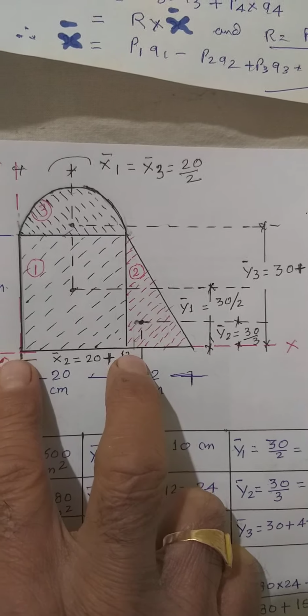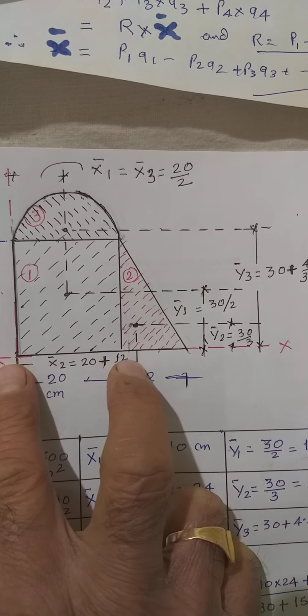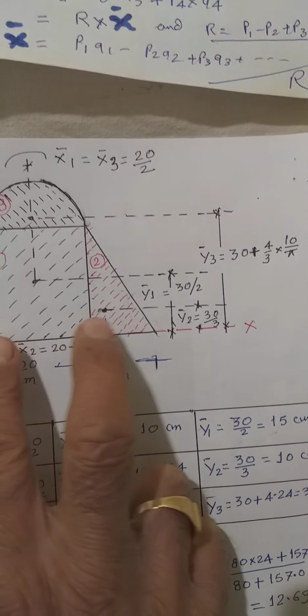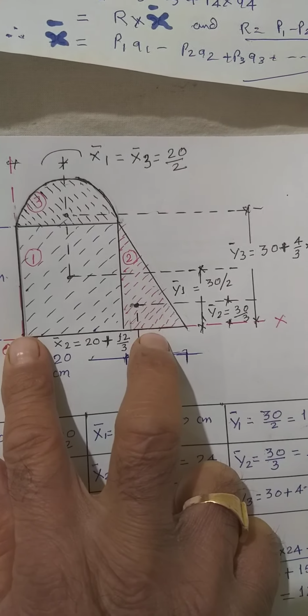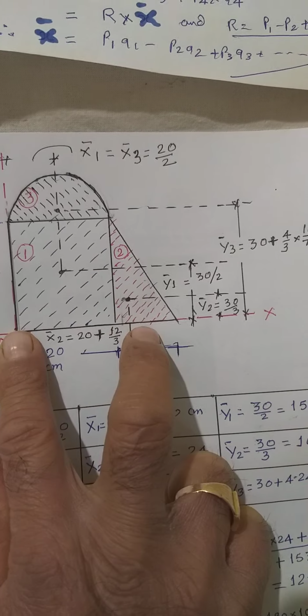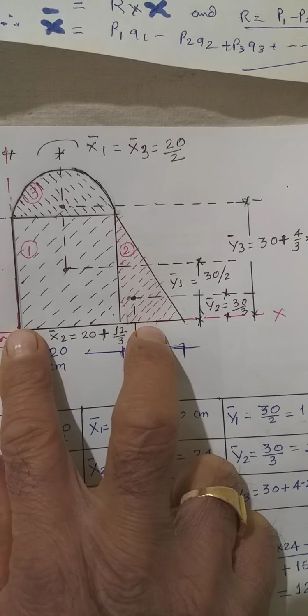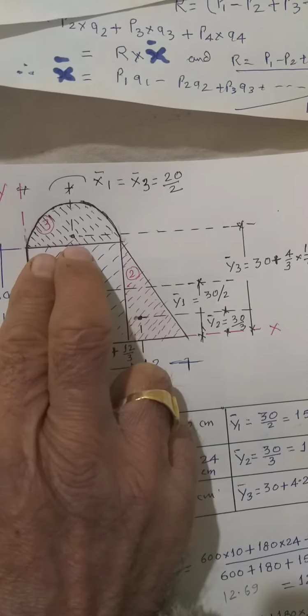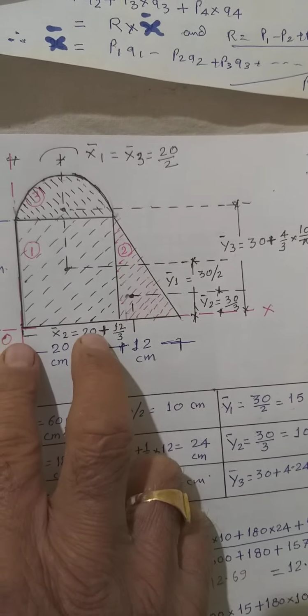So X bar 1 will be 12, X bar 2 will be 20 plus 4, that is 24, and X bar 3 will be exactly halfway, that is 12.